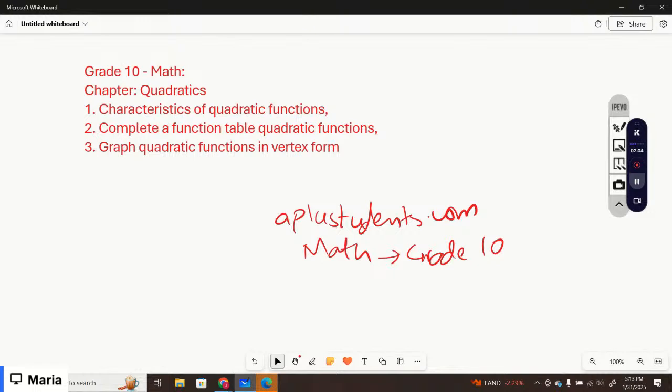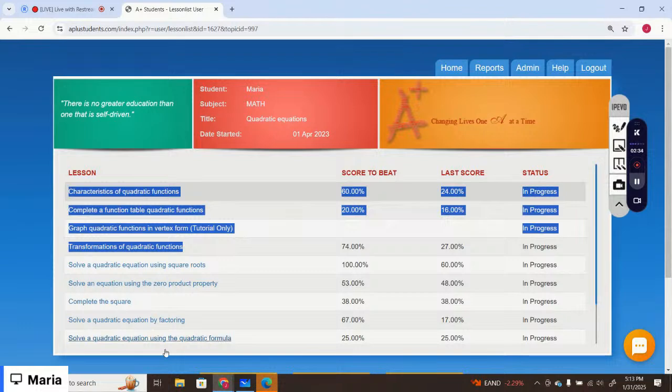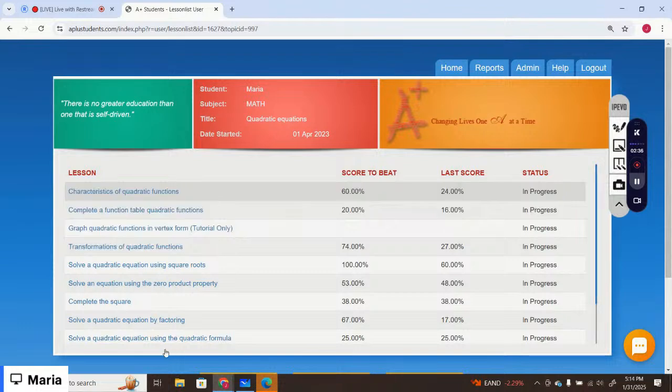We're going to start with the chapter quadratics. The lessons we're going to cover today are characteristics of quadratic functions, complete a function table, quadratic functions, graph quadratic functions, and vertex form. When I'm on grade 10 math, the chapter we are on right now is quadratic equations.